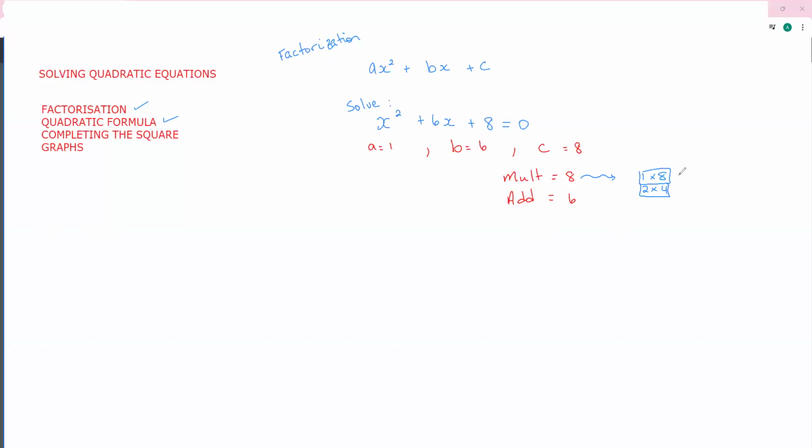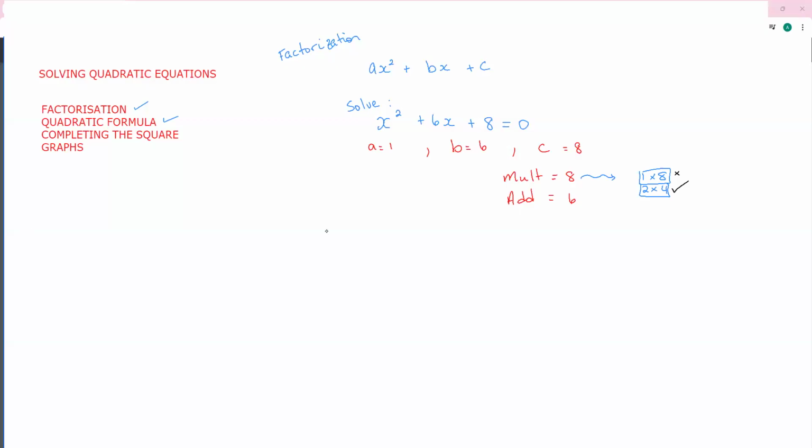So look at the first pair. I have 1 and 8. If I add them, I'll get 9. If I minus them, I'll get 7. So it's not that. 4 and 2. When I add them, I'll get 6. Ting, ting, ting. So that's the pair of numbers that I want.